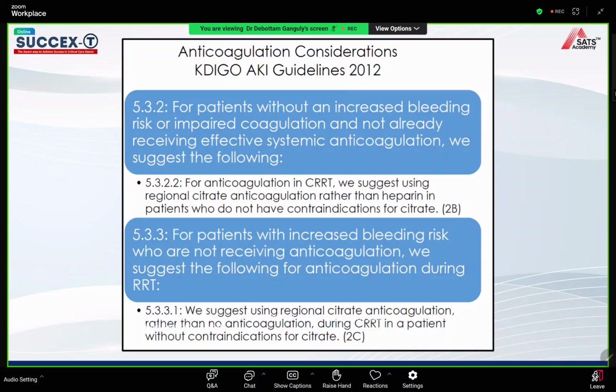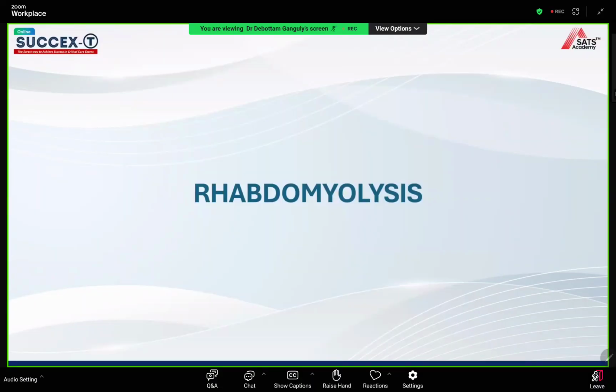And for those who are not receiving anticoagulant, we suggest regional citrate anticoagulation rather than no anticoagulation during CRRT in a patient without contraindication to citrate. So ultimately, if there is no contraindication to citrate, regional citrate anticoagulation is preferred over systemic anticoagulation.